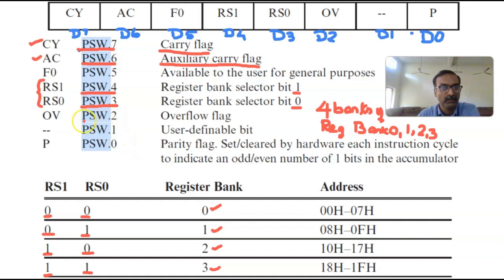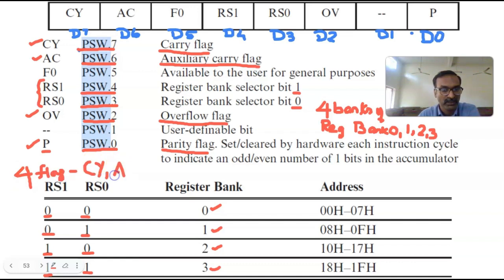Then we have PSW.2, which is used for the overflow flag. And then we have PSW.0, which is the parity flag, represented by P. So we can find that there are 4 flags. What are the 4 flags? It is the carry flag, auxiliary carry flag, then we have the overflow flag and the parity flag.